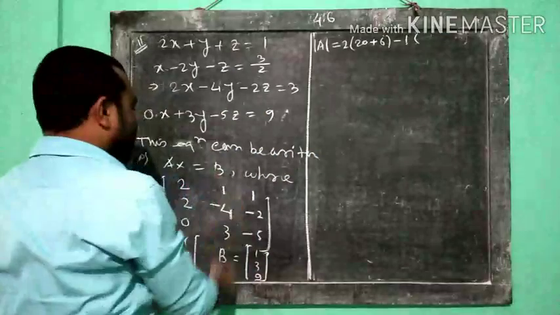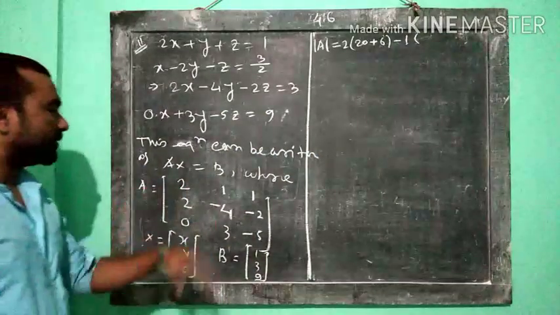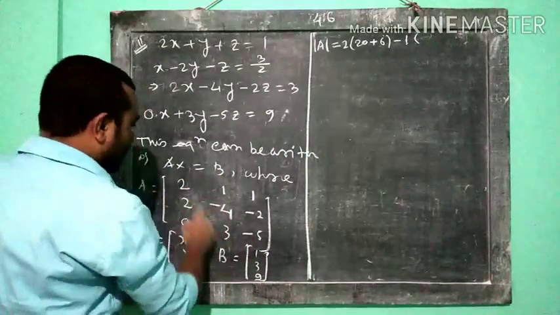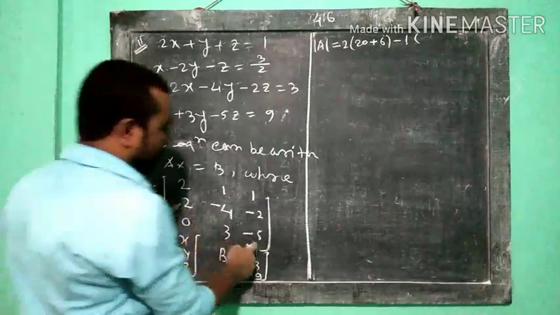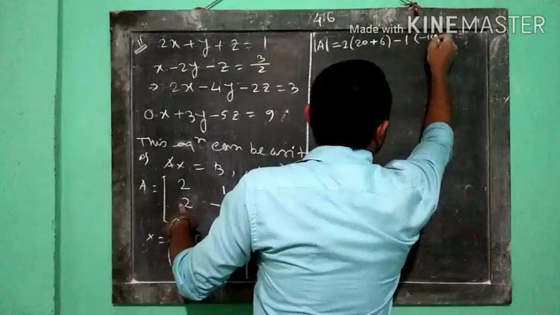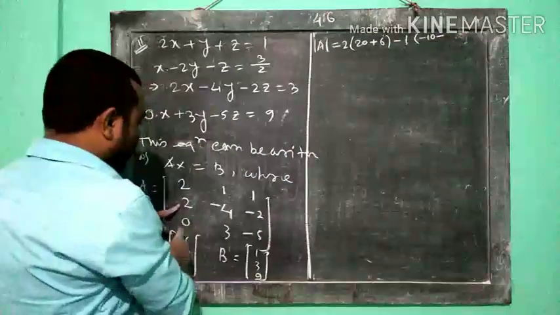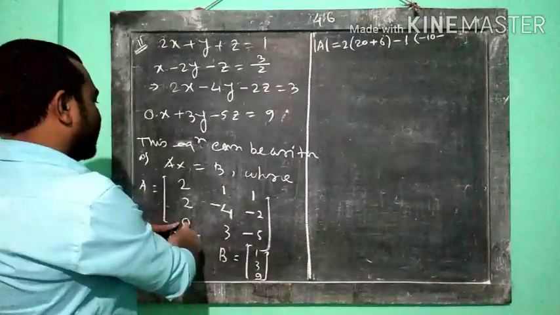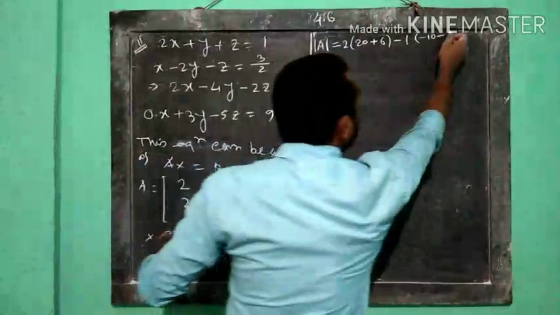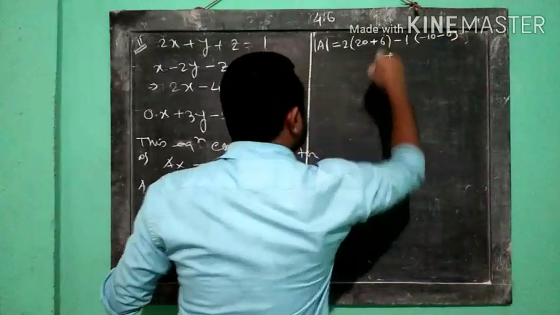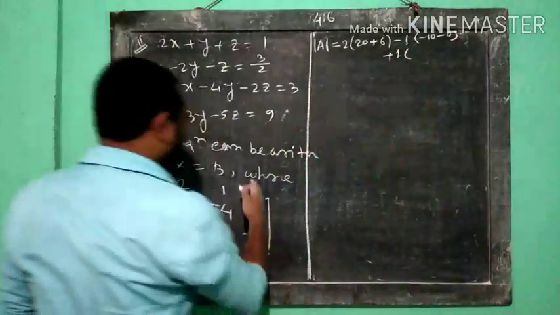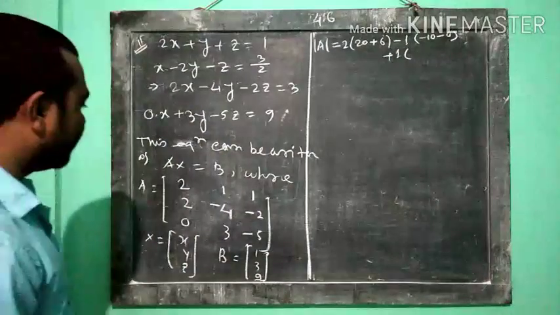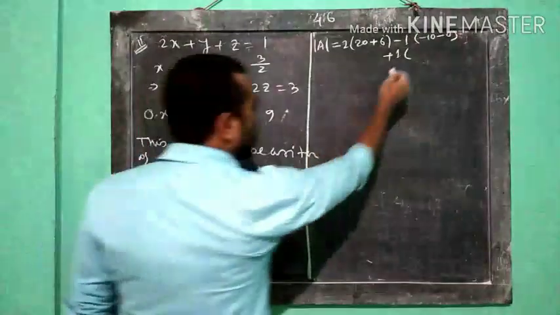Cancelling by first row and second column, then 2 into minus 5 is minus 10, minus 0 into minus 2, this is also 0. And lastly this is plus 1, so 1 into cancelling by first row and third column, then 6 minus 0, this is 6.